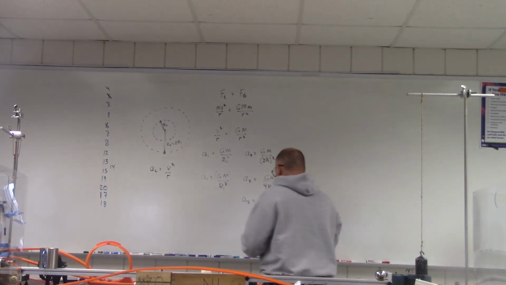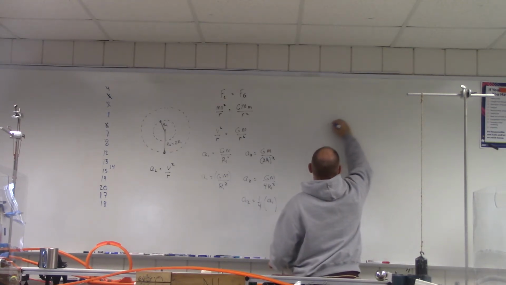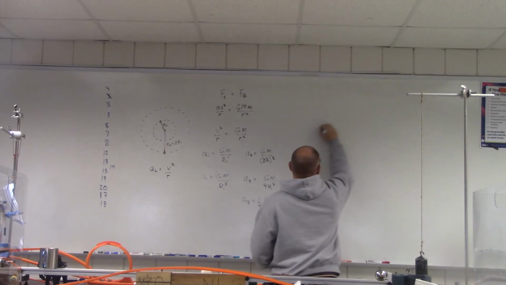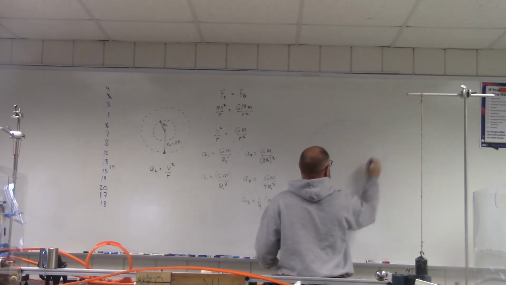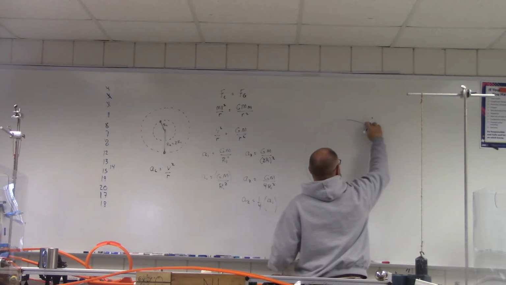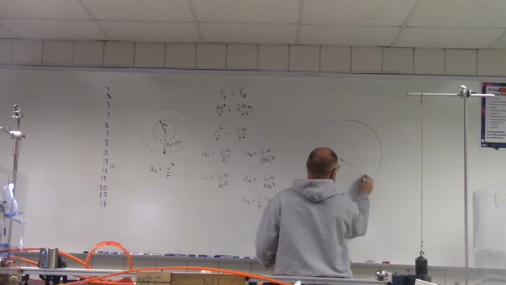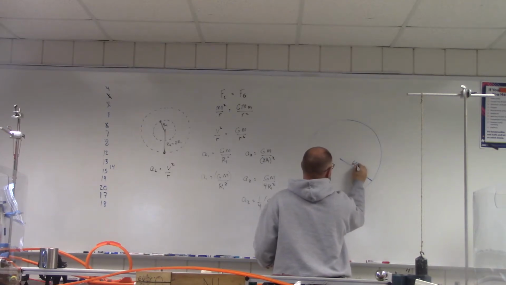So if we look at the Earth, okay, so let's look at the Earth here. And it says that this is 6,000 kilometers.